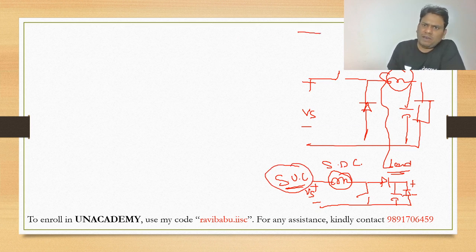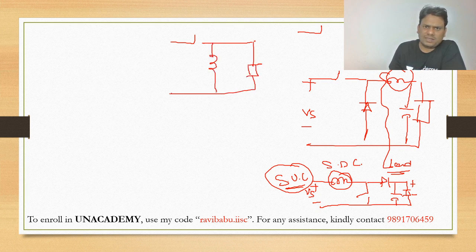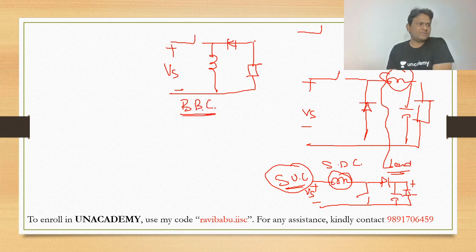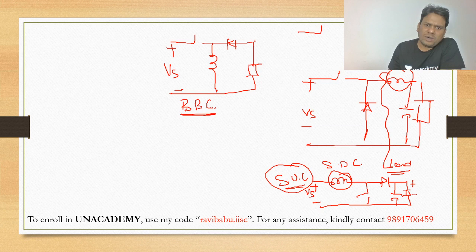And if we have a circuit like this, that means the inductor is present in the first case with the supply and in the second case with the load, then it is called a buck boost converter, step down and step up.